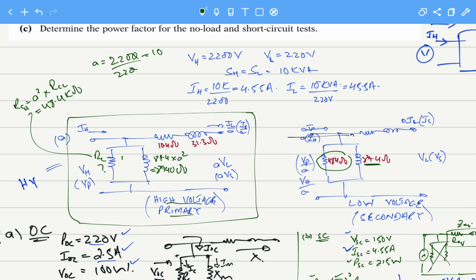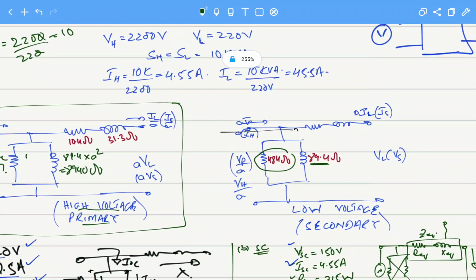Similarly, now the equivalent circuit which is reflected to the low voltage or the secondary of the transformer, you will remember what we used to do. We used to divide. If we have to reflect towards the secondary, we have to divide by a square. So what will happen here?